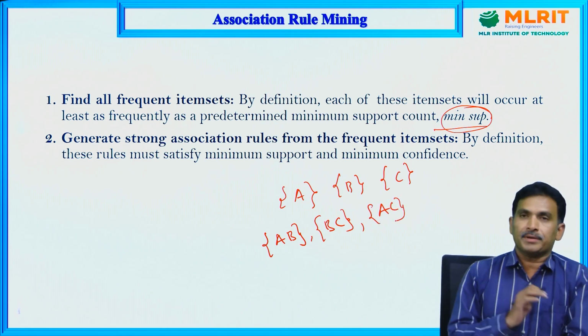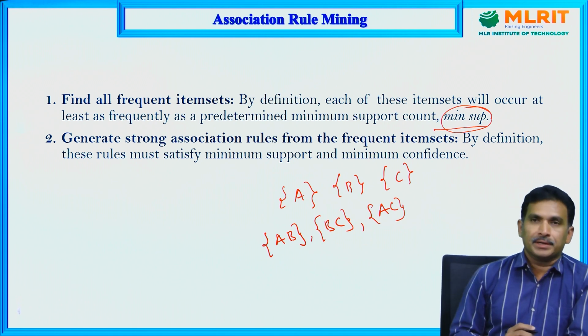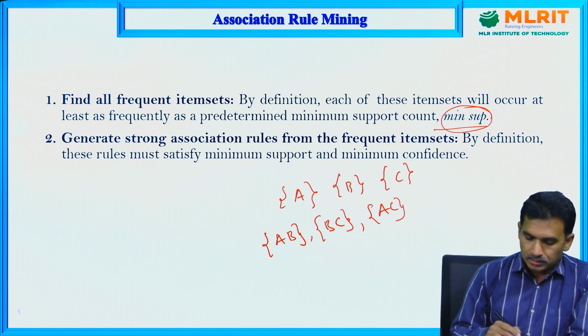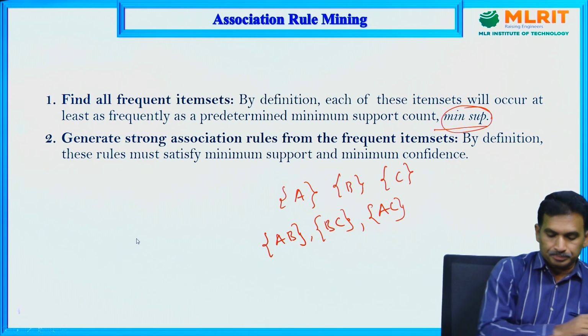So these are all the frequent item sets. Suppose there are n items in a transactional database. From these, the frequent items are those meeting a specified threshold, the minimum support.